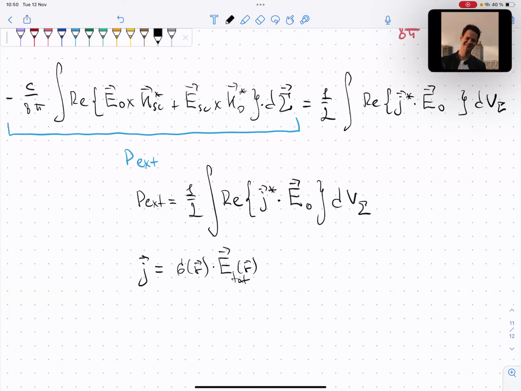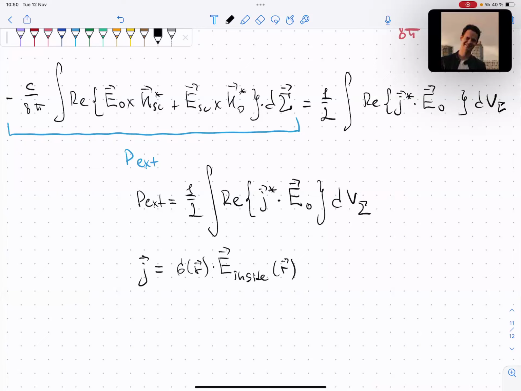But actually, this can be more or less. We can also derive the same expression for the absorption cross section and the extinction cross section. This is the total field inside our structure.